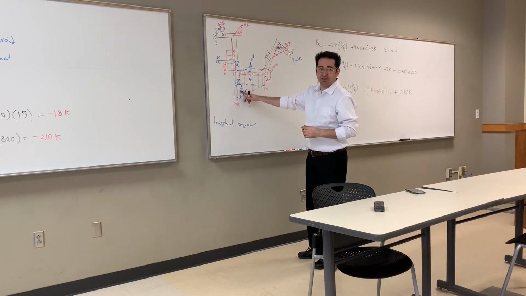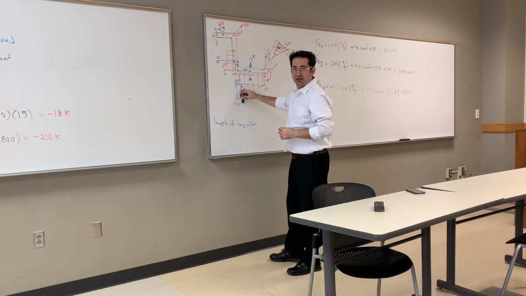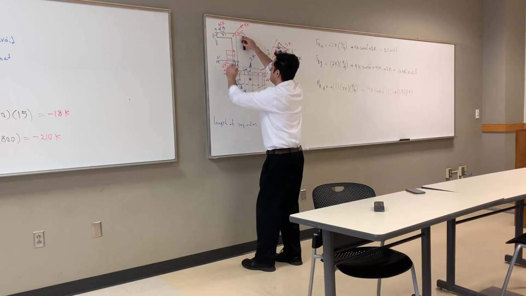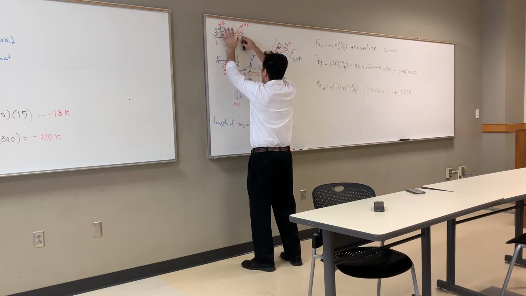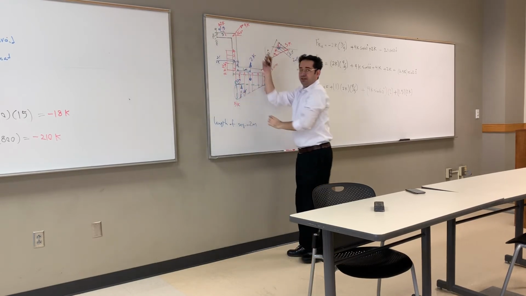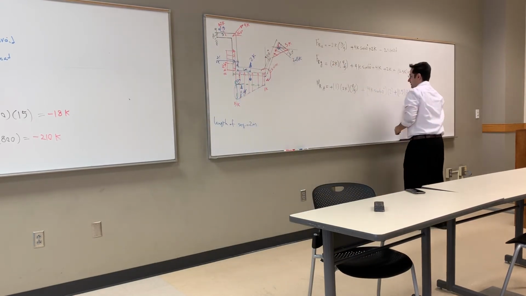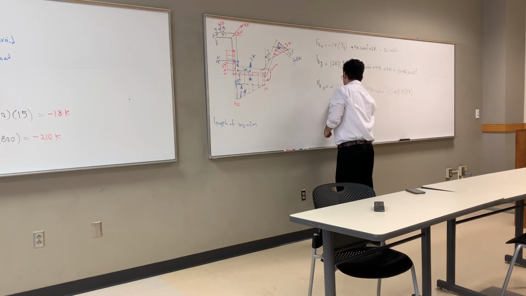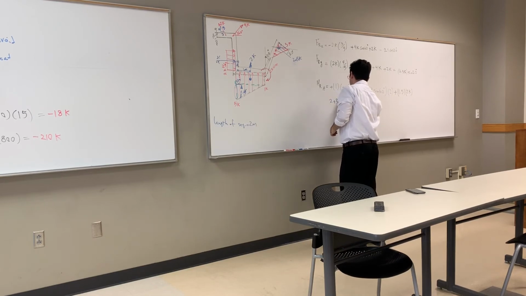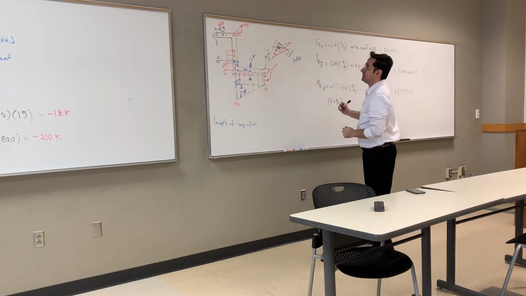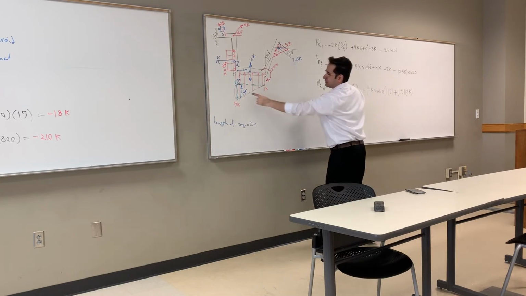What should I do with this? Move it. Where? Up. So the moment arm is 2 plus 2/3. So I write here 2 plus 2/3 times 1K.